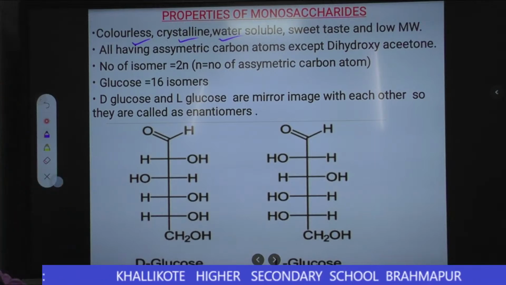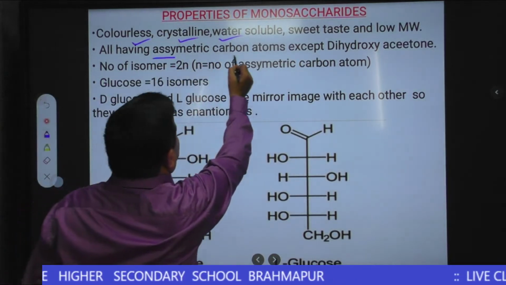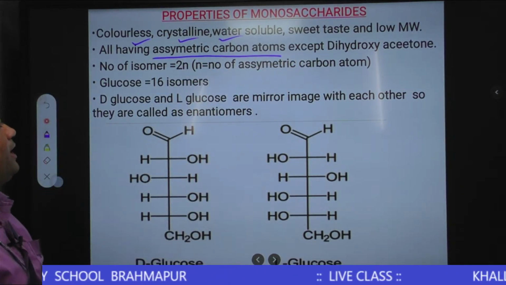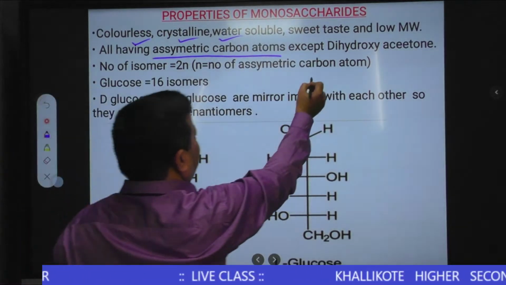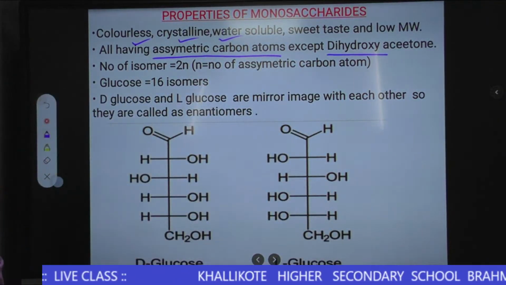All monosaccharides have an asymmetric carbon atom. An asymmetric carbon atom means the carbon atom has 4 different functional groups. Except dihydroxyacetone, which has no asymmetric carbon atom.